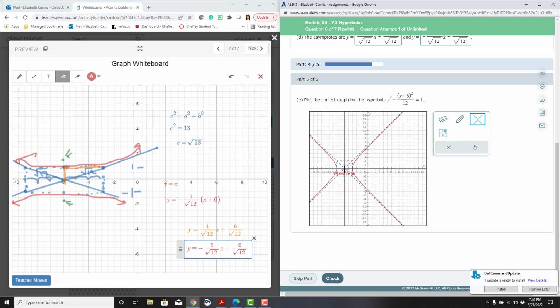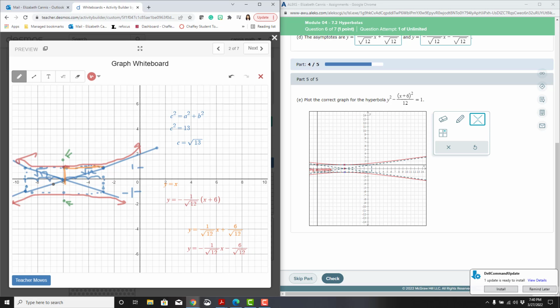So I'm going to plot that center and place the vertex. And then to make my asymptote, it needs to have another point to go to. If I'm going from that point, negative 6, 0, I have to go up 1. If it's at negative 6, 0 and it goes up 1 space, that would be at negative 6, comma 1.